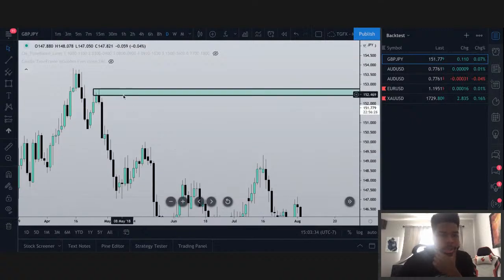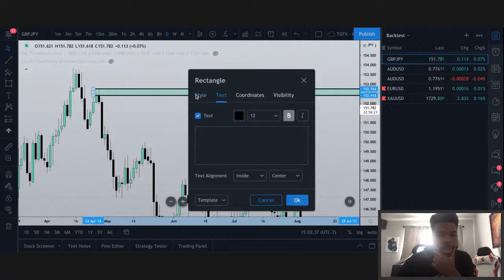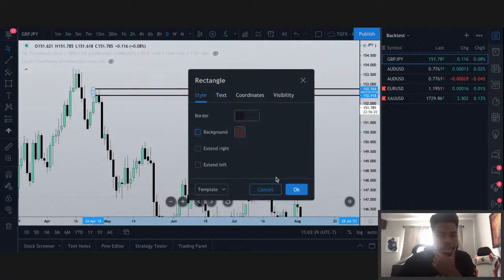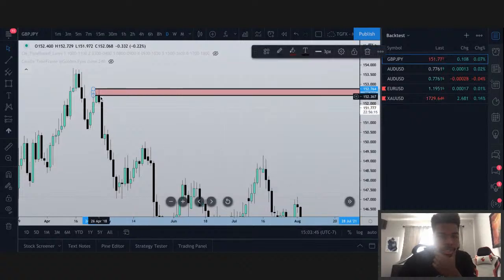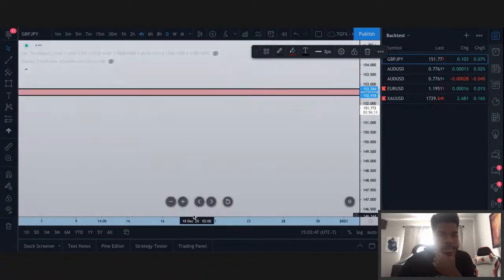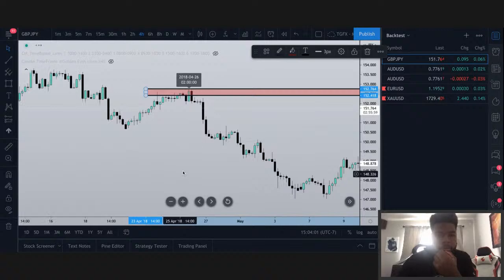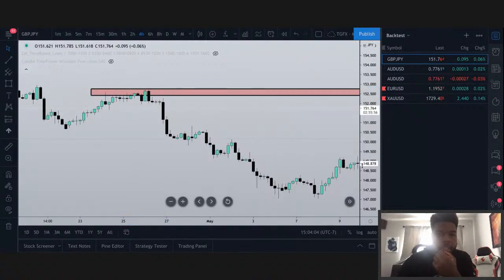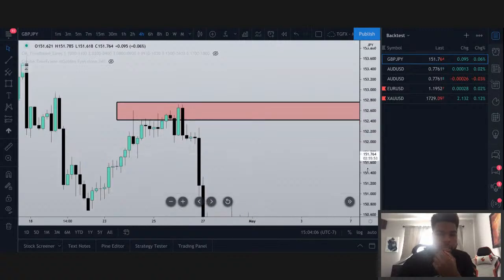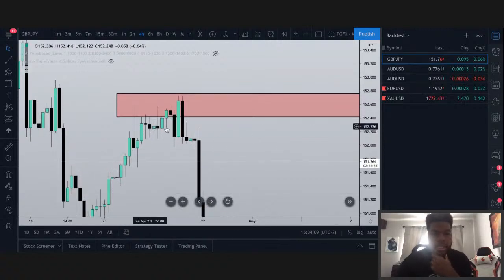All right, so what we can do is change the color here. And then let's see. All right, and then what you guys can see is look at all of this consolidation here.